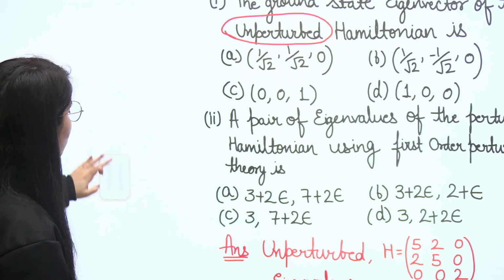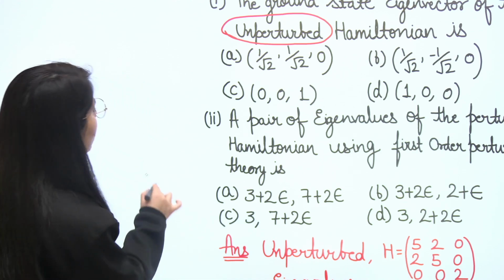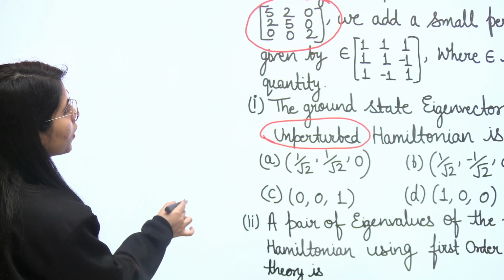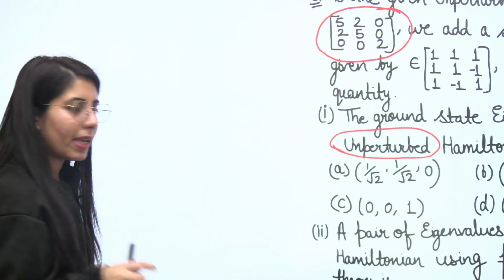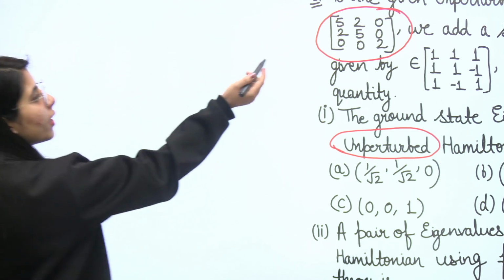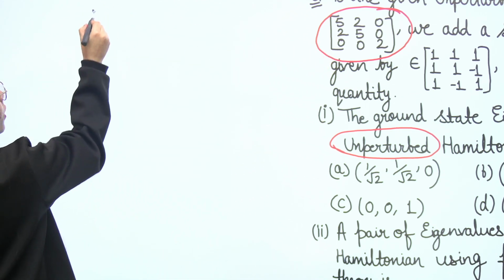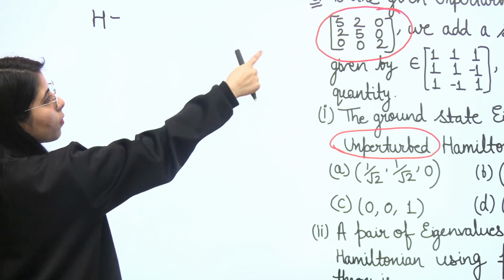Let me just check the matrix. Just a second. Here it is. So firstly, let's work on finding its eigenvalue. Then let's work on finding its eigenvector. I will explain all the steps here. Let's say this is the unperturbed Hamiltonian as it is given in the question. So it is H, the same matrix.